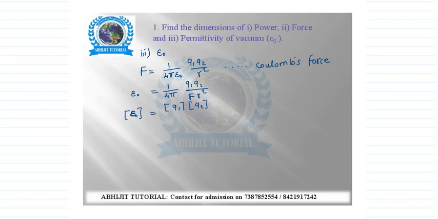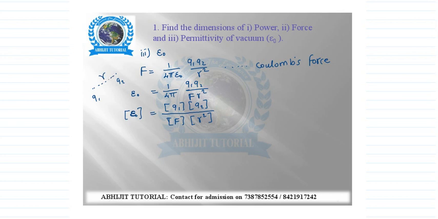At the denominator there should be the dimensions of force into the dimensions of r square, where r is the distance between the two point charges q1 and q2. We define the force of attraction or repulsion between the two point charges when they are separated by a distance equal to r.